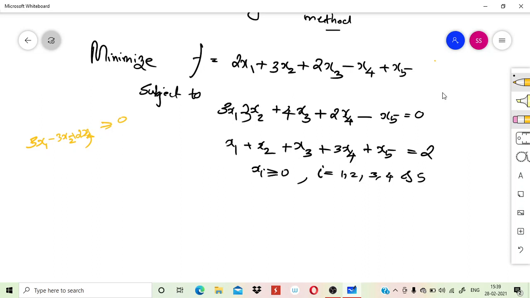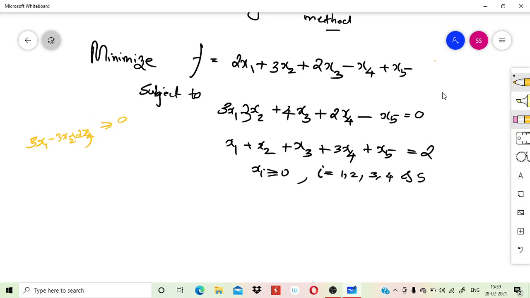you have to introduce, like what you have done in our simplex method. Here it is greater than or equal to, so you have to make it an equation. So you have to introduce a surplus variable.